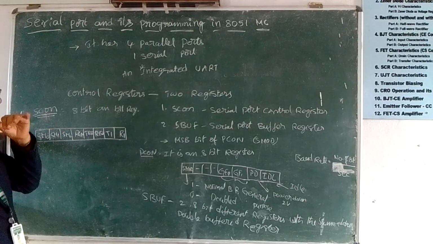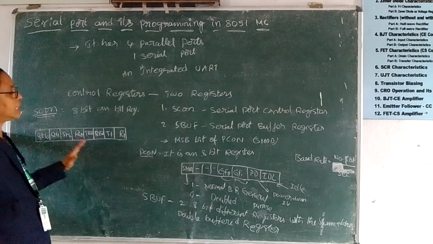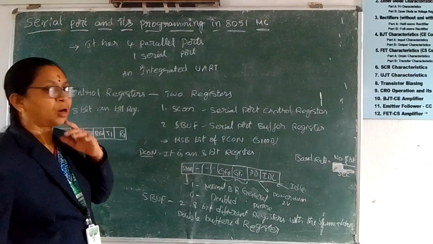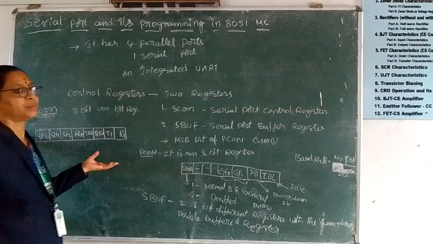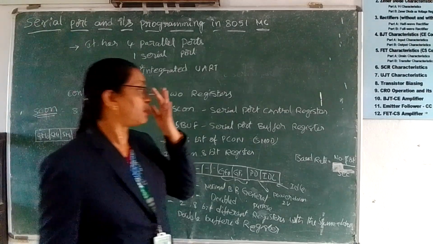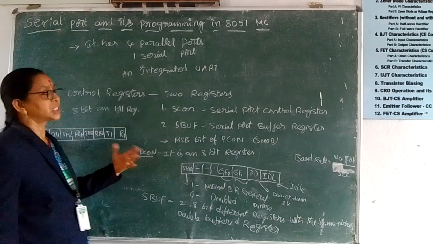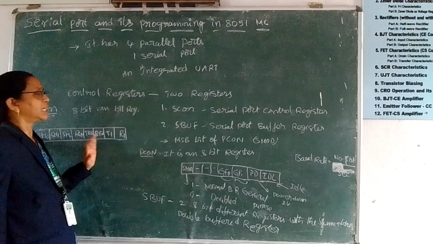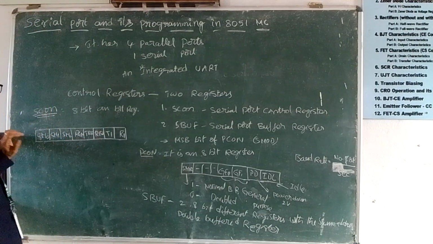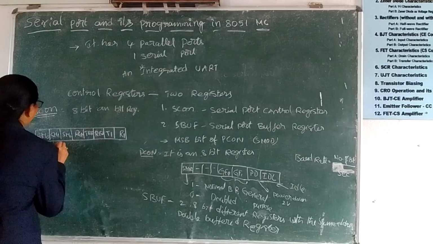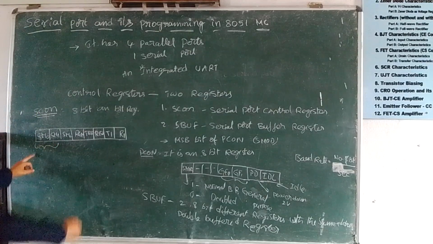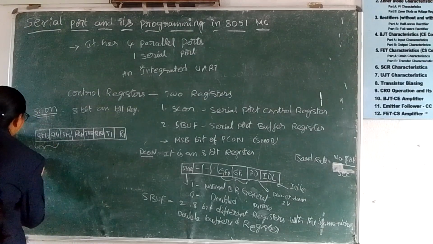This can be programmed by the programmer, whether what baud rate you need, and whether transmission or receiving of data from or to external devices. All that can be programmed using this 8-bit SCON register. The first 2 bits, the MSB bits, define the serial mode.